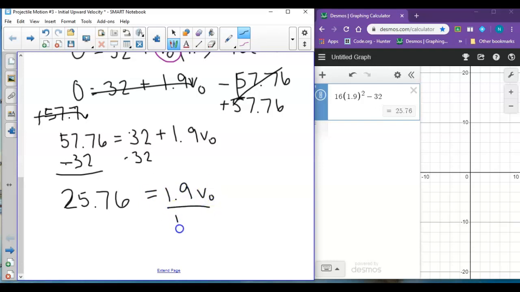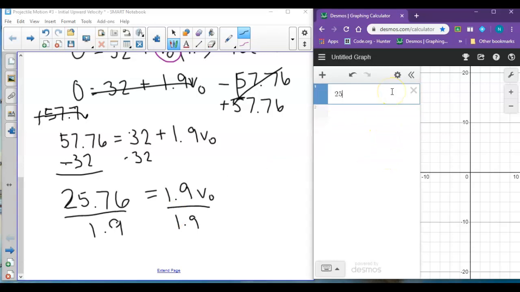And then the last thing I'm going to do is divide by 1.9. So 25.76 divided by 1.9, I'm going to get 13.558.